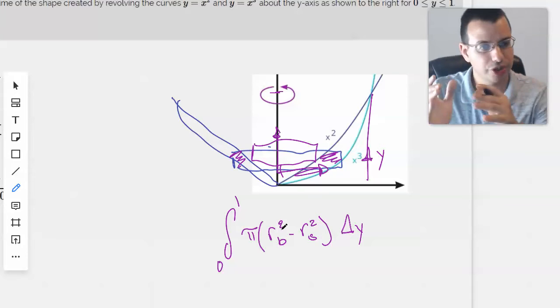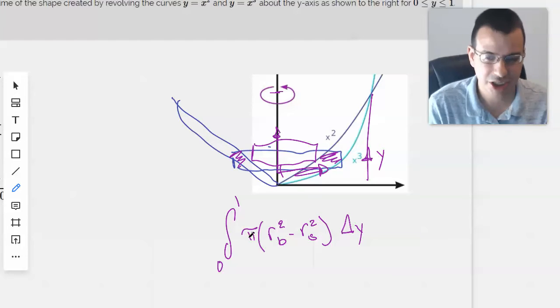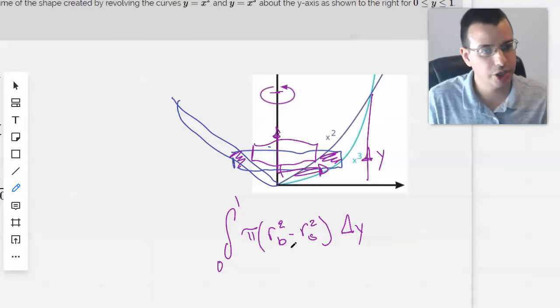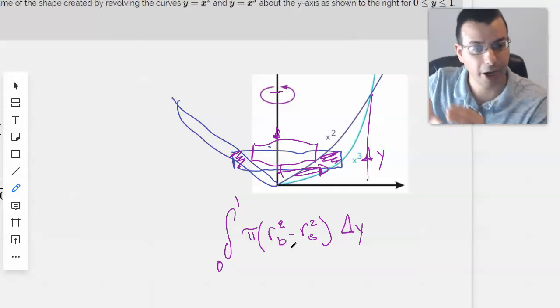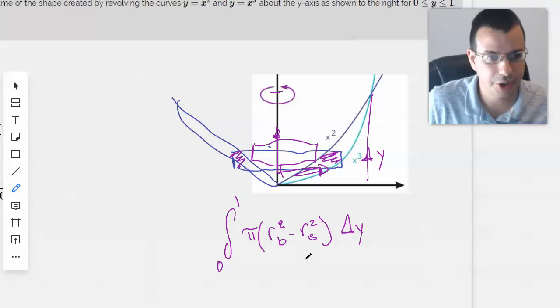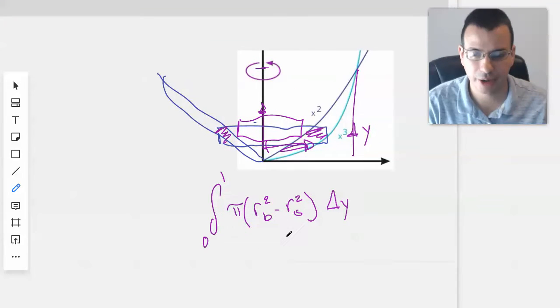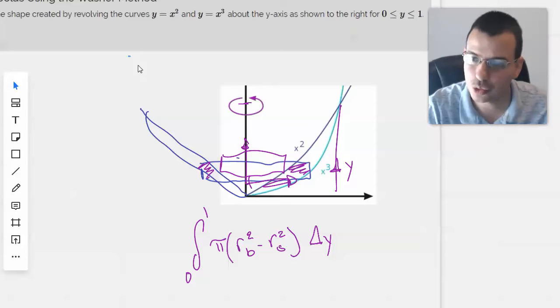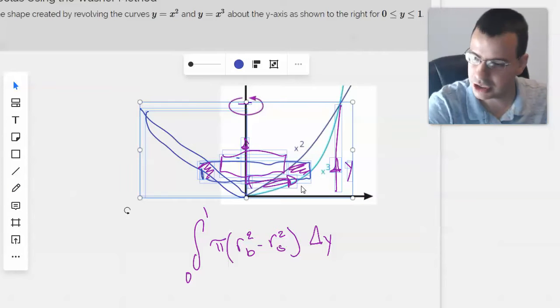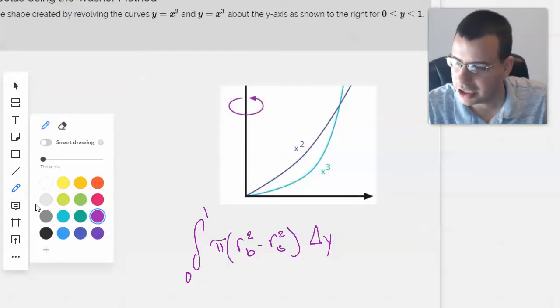But since we're doing one disk minus the other disk, this is actually pi r squared minus pi r squared, where one r is big, one r is small, and I just factored out the pi. So this is the equation that we're going to use. And the trick then becomes finding out what these radii are.